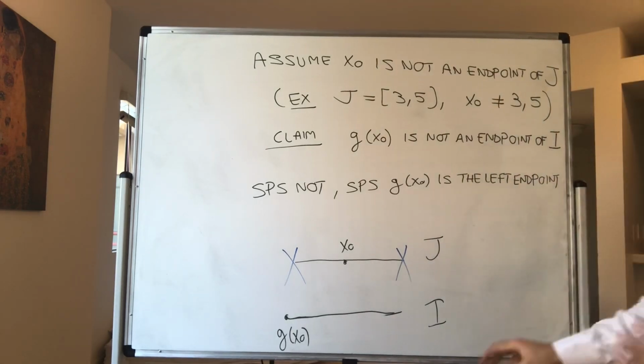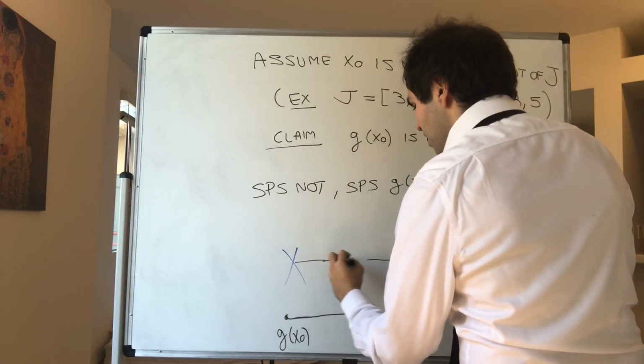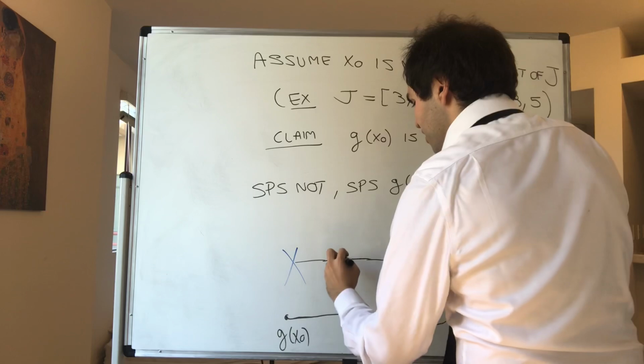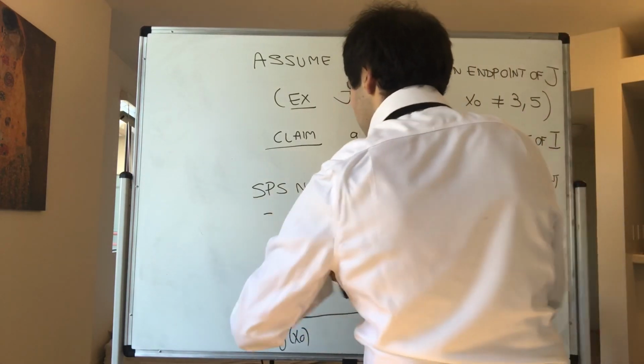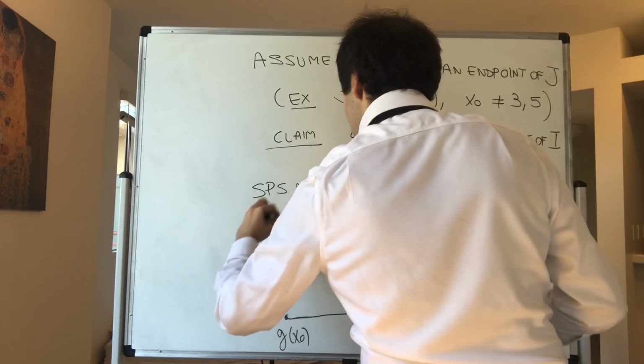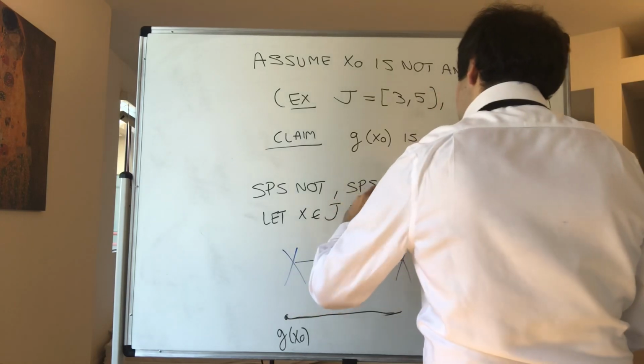So suppose g of x naught is the left endpoint. And you'll see why this is useful. Let x in J be arbitrary.